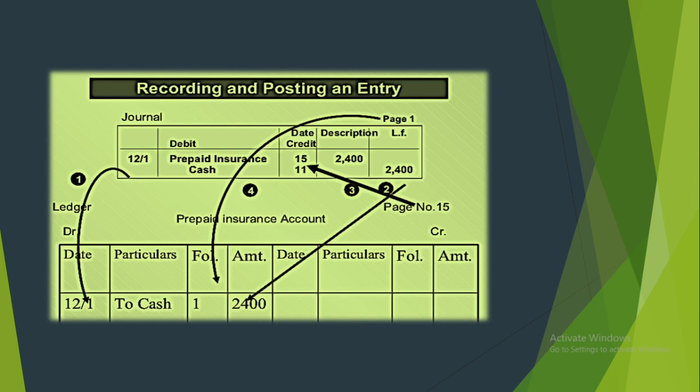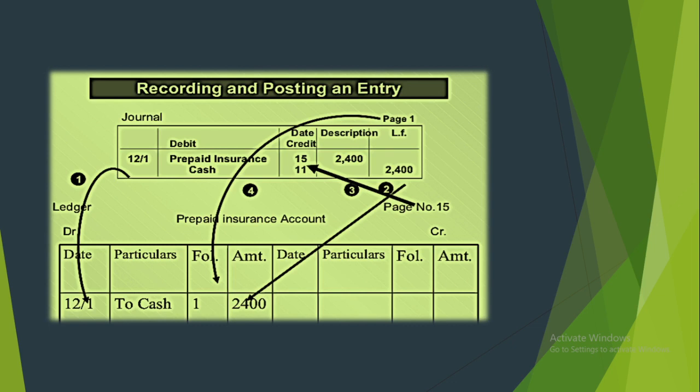If we see the prepaid insurance account, here also debit and credit sides are important. I have opened the prepaid insurance account, and on the debit side of the prepaid insurance account we have to write by the name of cash, that is 2400, step by step.